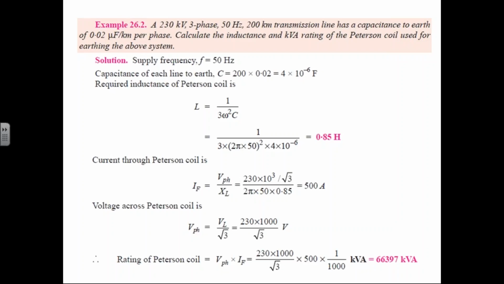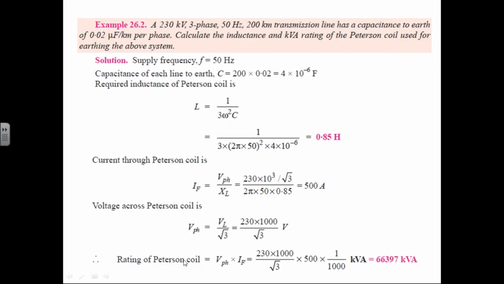In case it is a per phase voltage, they will explicitly define that it is a per phase voltage. Without any definition, if they mention a voltage in three phase, it is the line to line voltage, that too the RMS value, not the peak value, not the instantaneous value. Okay. So that 230 divided by root 3 will give you the per phase voltage in kilovolts. If you multiply it by 1000, you will get the actual magnitude.